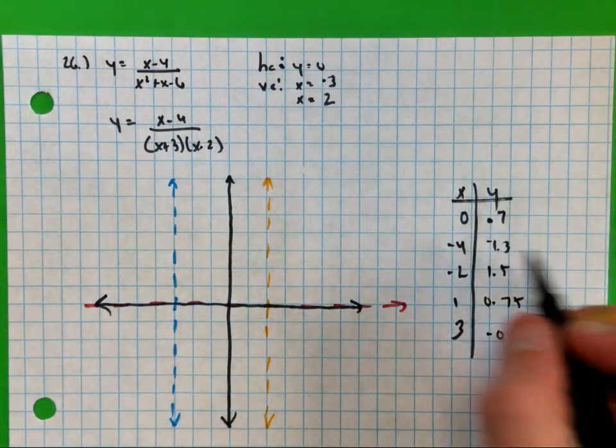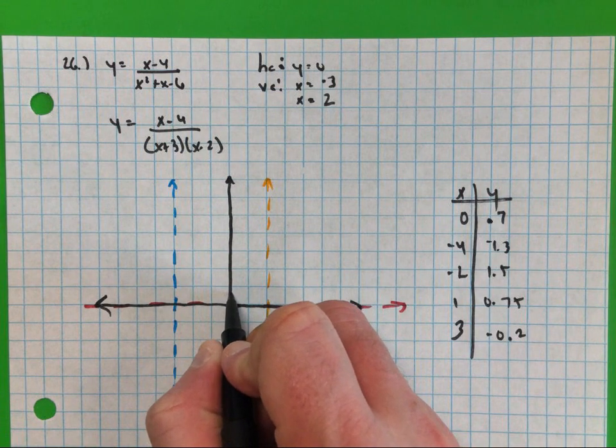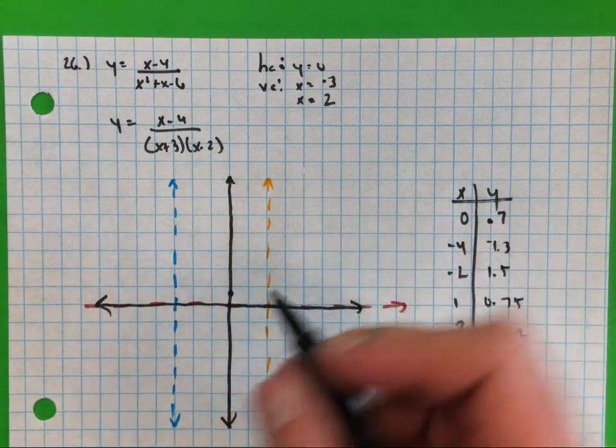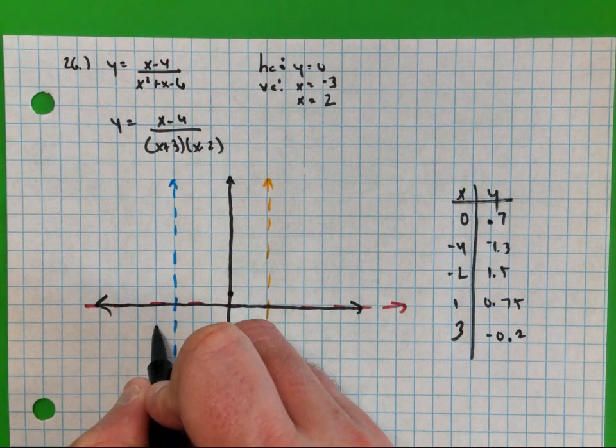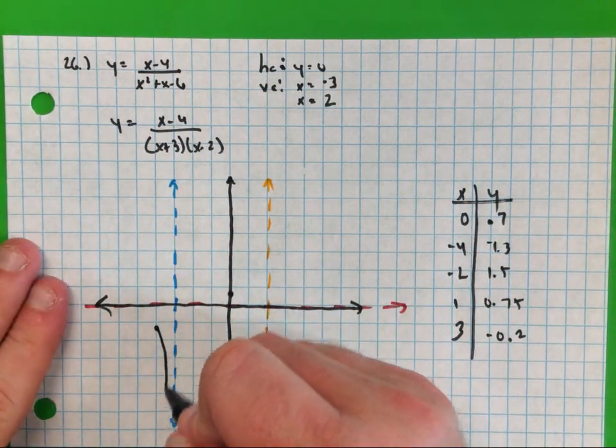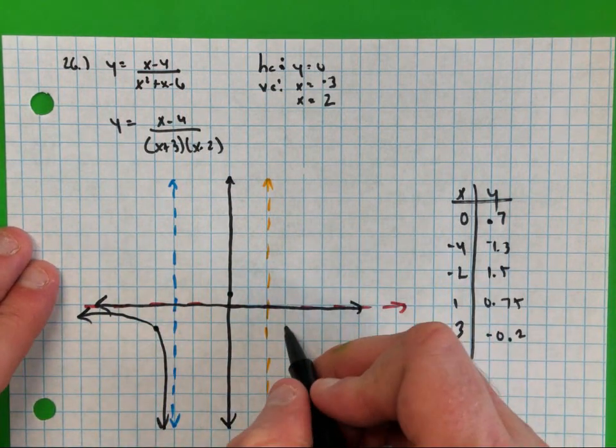Let's just plot these points for a minute. 0, 0.7, negative 4, it's negative 1.3. Negative 3.